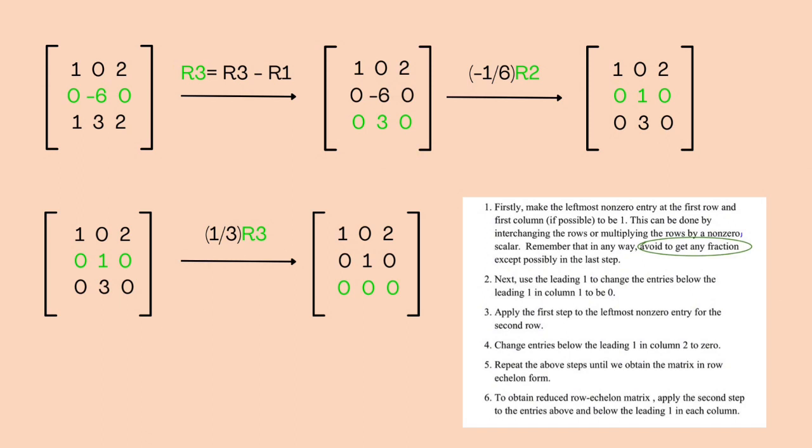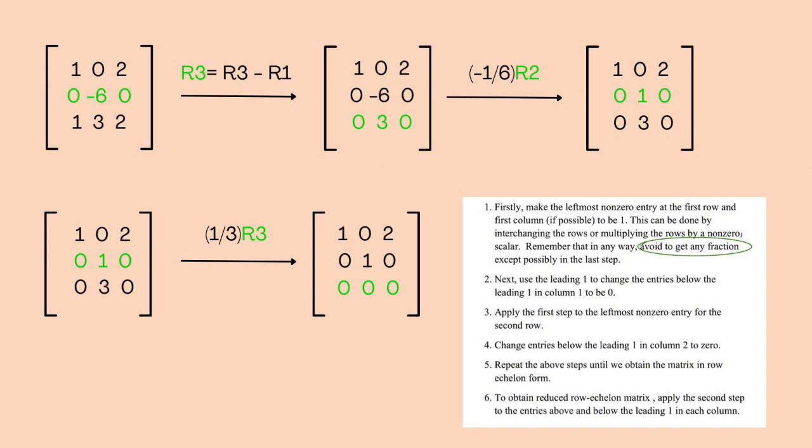So we get the values 1, 0, 0 in the first column. Next we must apply the first step to the leftmost non-zero entry of the second row. So we must change the second value, in the middle, to become 1. What we need to do in the equation is multiply by negative 1 over 6.